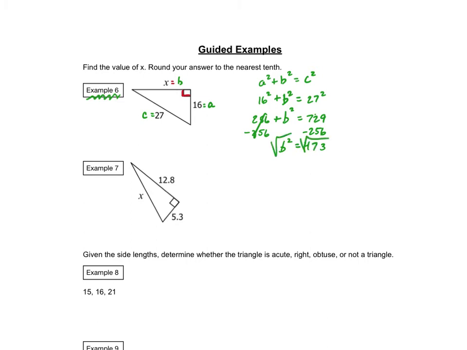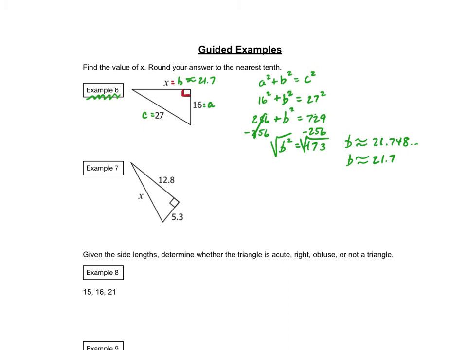Find the square root, because we're still trying to isolate b. We're not trying to find b squared. We're trying to find the length of b. So if we find the square root of 473, b is approximately equal to 21.748, and we keep going. If I round that to the nearest tenth, b is approximately 21.7. And that's how I would use the Pythagorean theorem to find the side length.